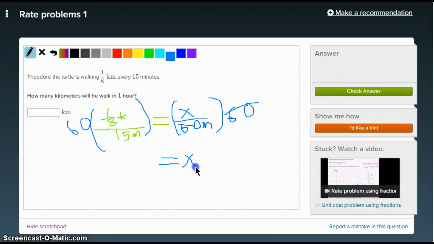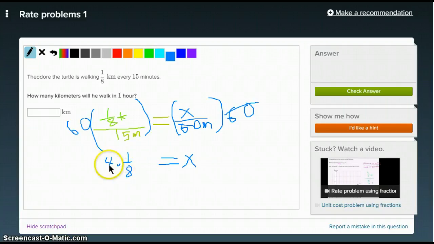You're left with just X is equal to 60 minutes divided by 15 minutes. So your minutes cancel, but you're left with this 4, because 60 divided by 15 is 4. 4 times 1/8.